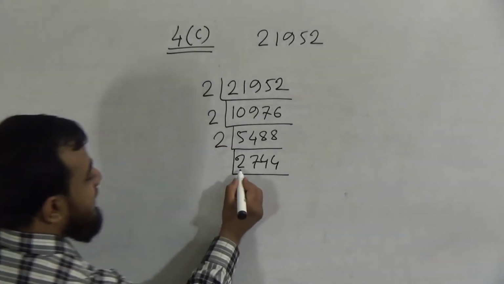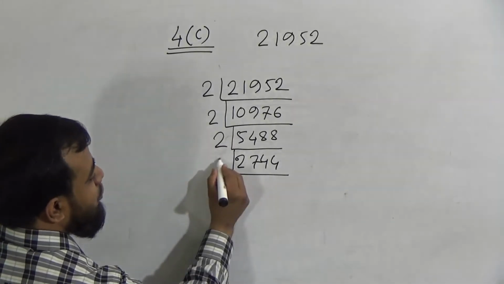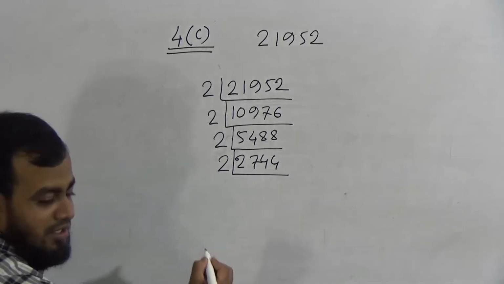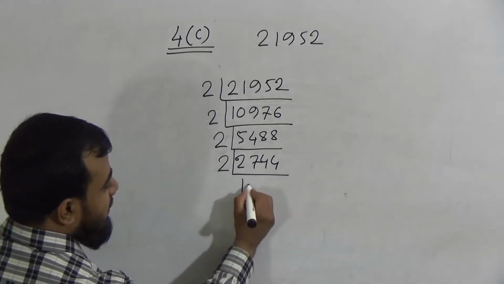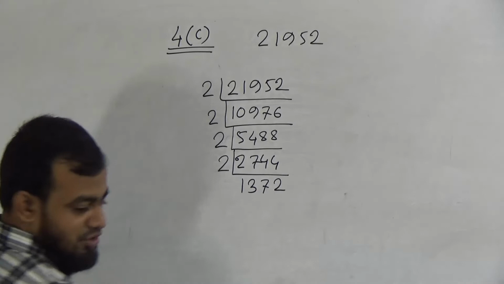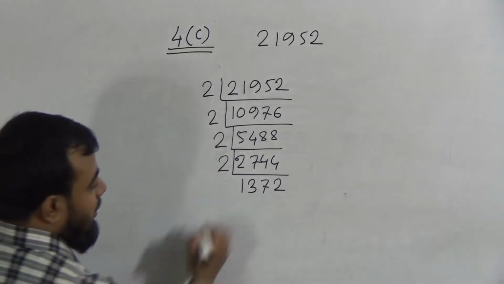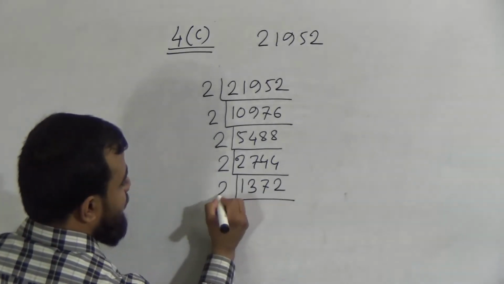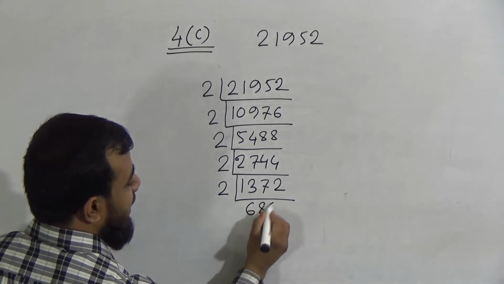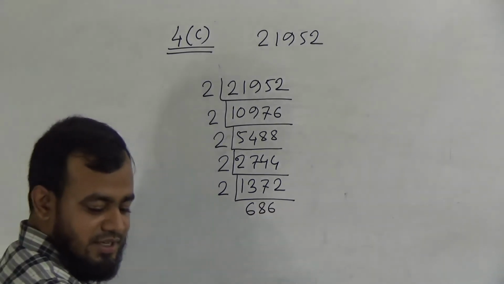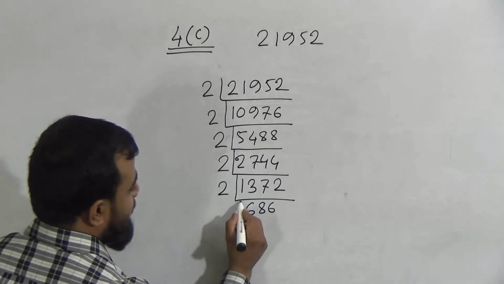2,744 is again an even number, so we can divide by 2 again. We'll get 1,372. 1,372 is again an even number, we can divide it by 2 again. We'll get 686. 686 is again an even number. We can divide by 2 again.